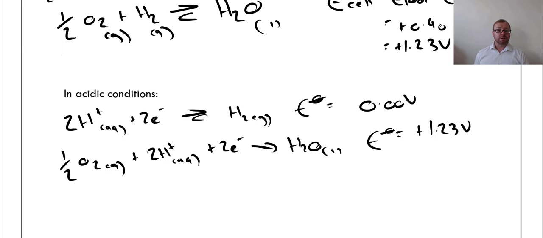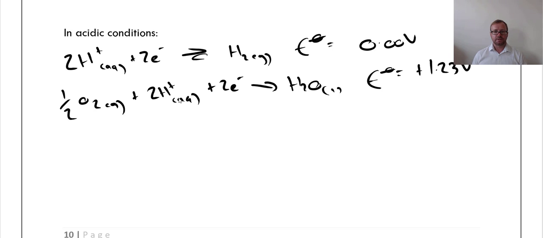You may be laughing at me trying to find out what the top equation was and what the cell potential was, and well, that's obviously the standard hydrogen electrode, so it's given the value of 0.00 volts. Right, so same as before, calculate the overall equation and calculate the E cell.